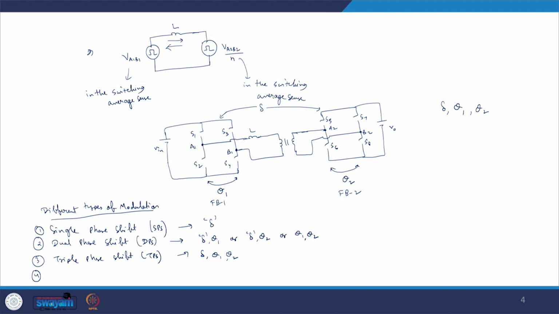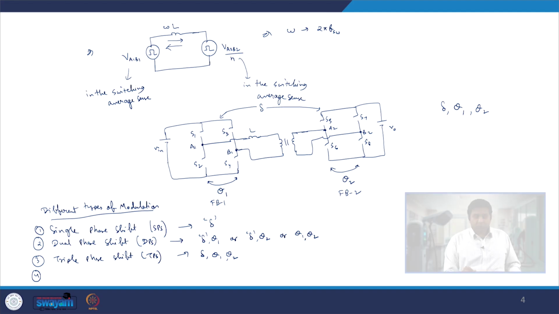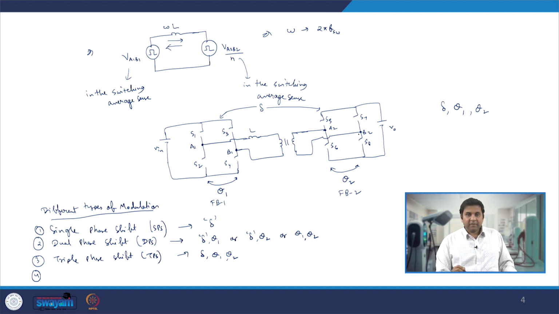Now another kind of modulation is also possible. If you look very carefully at this circuit, the power flow can be either from A1 B1 to A2 B2, or from A2 B2 to A1 B1, by either giving the phase shift between these two voltages, or by changing the magnitude of the voltage on these two sides. Along with that, we can also change the impedance offered by this inductance, which is nothing but omega L, and in this particular circuit omega is nothing but 2 pi FSW, because we are applying square pulses from A1 B1 and from A2 B2.